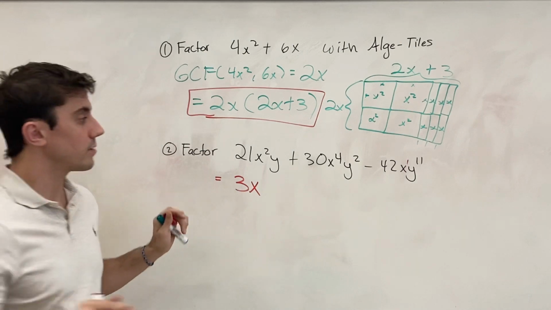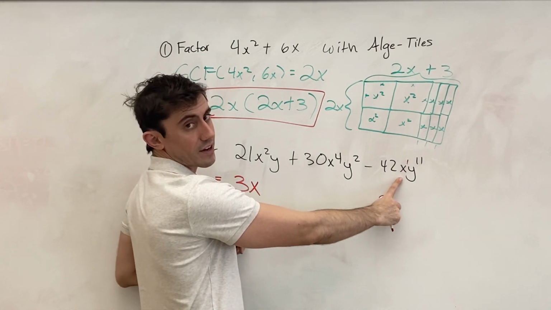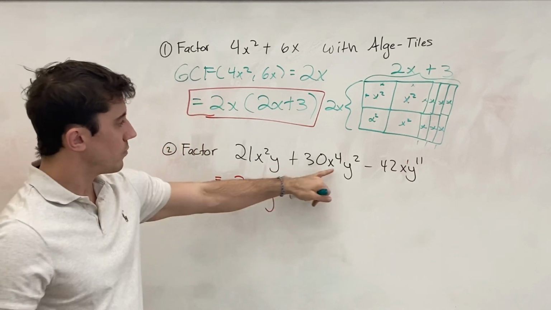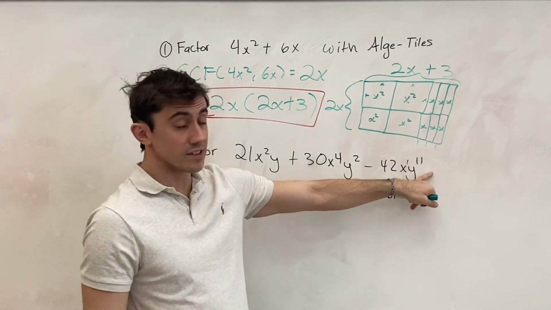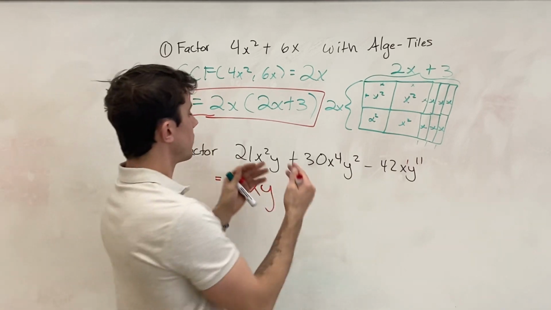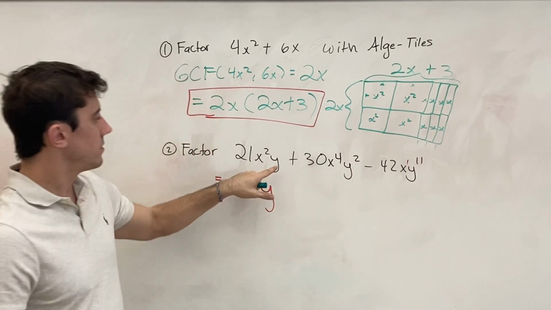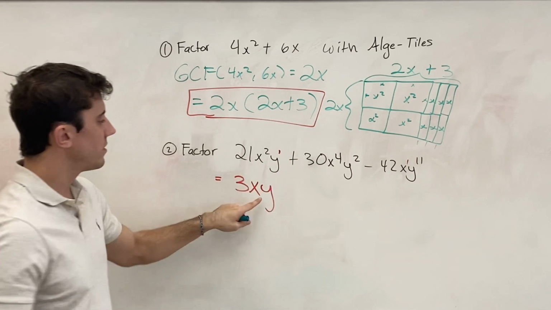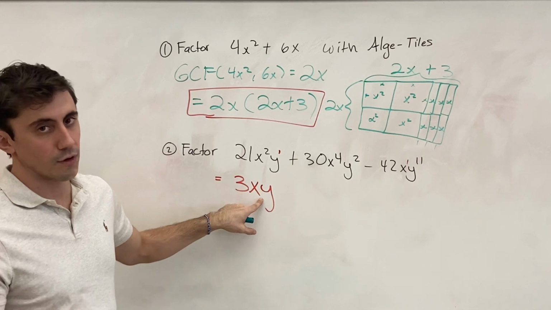We can't factor any more because this one only has 1 power of x, okay? Now the y's, we have y to the power of 1, y squared and y to the 11, sorry. So what is the greatest power of y that we can factor out of all 3 terms? Again, the limiting one is this one, right? We have only one measly power of y, so that's all we can factor out of all three terms.